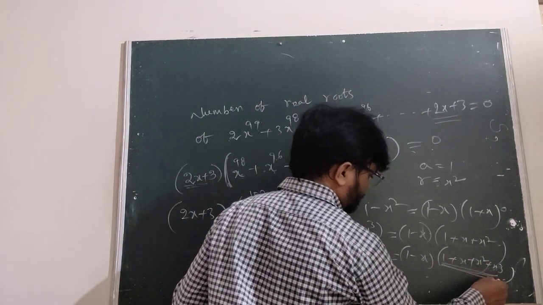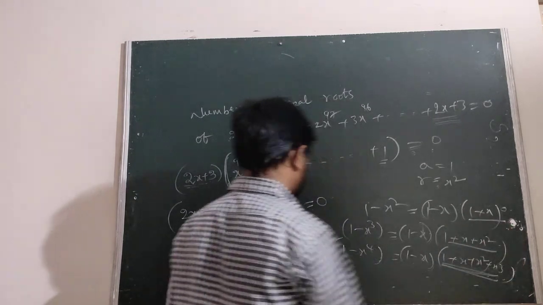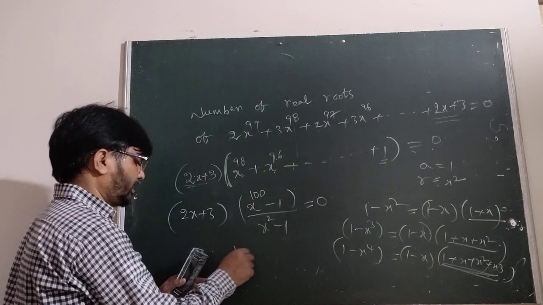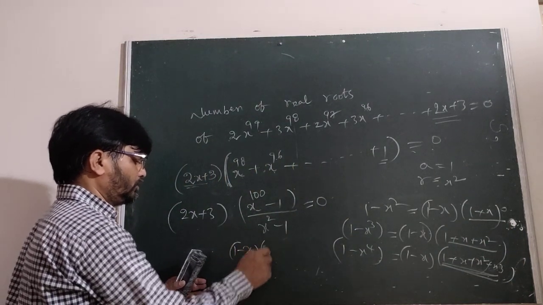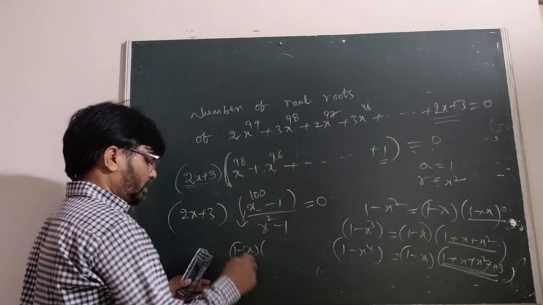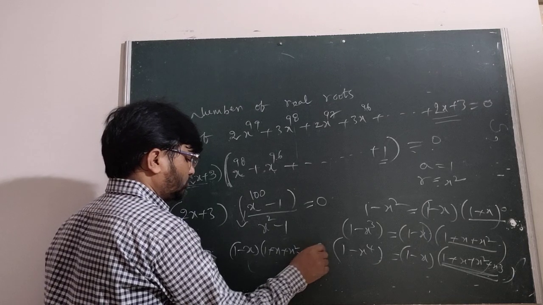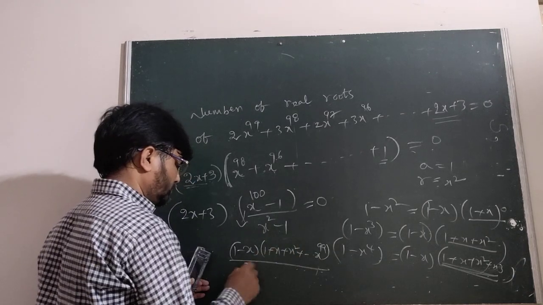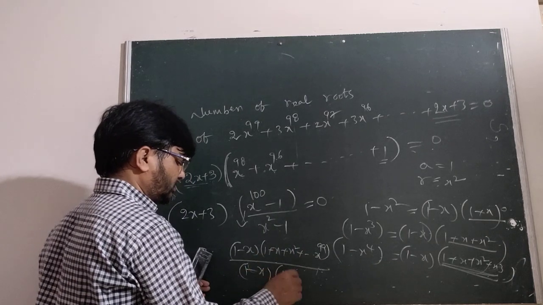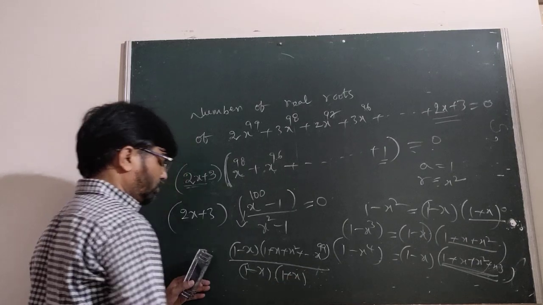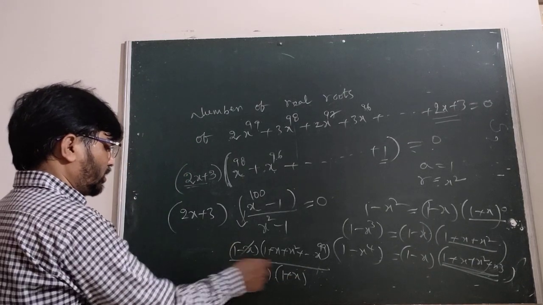All are positive, so the remaining factor is imaginary. In this case also we can write 1 minus x into 1 plus x square and so on up to x power 99. Now this is also 1 minus x into 1 plus x. Therefore these two are cancelled.